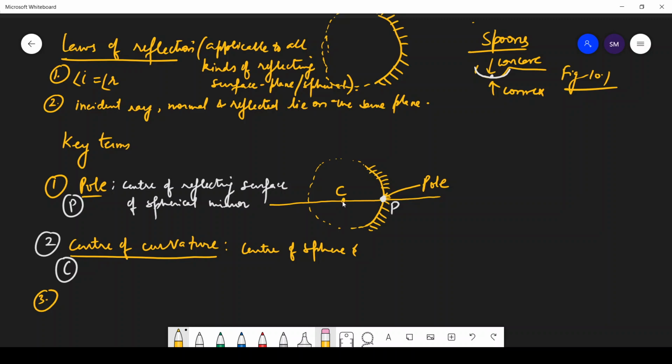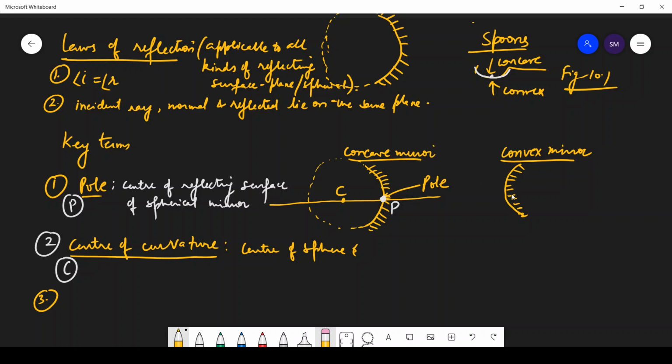And for center of curvature, for the concave mirror, it lies in front, whereas for the convex mirror. So this is convex mirror, and this was concave mirror.